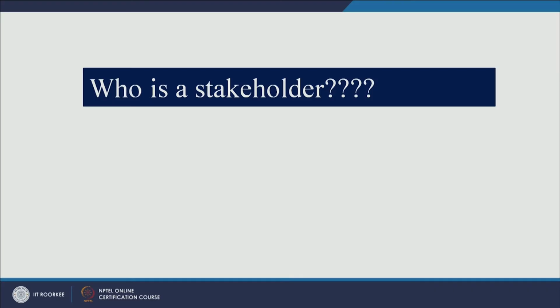Can you tell me who is a stakeholder in a project? So, a stakeholder is a person or an agency who have active stake in project, and they can influence your project positively or negatively.